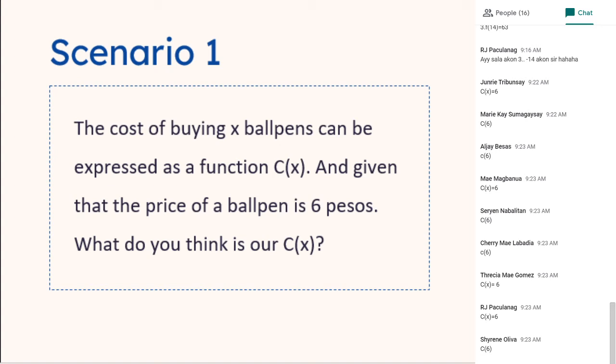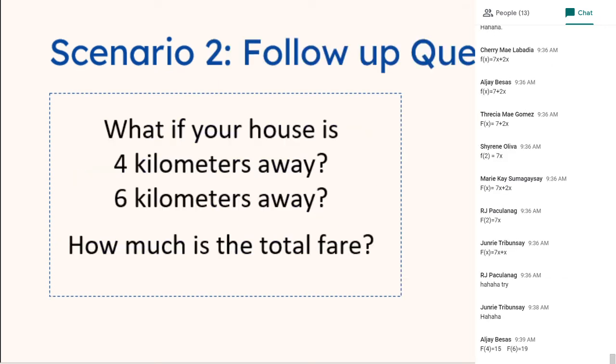Okay, I can see the answers na. LJ, f of 4 equals 15. F of 6 equals 19. Kay Shireen Oliva, same answer. Okay, sino pa? Tricia May Gomez, 15 and 19 man. Kay RJ, 15 kag 19.